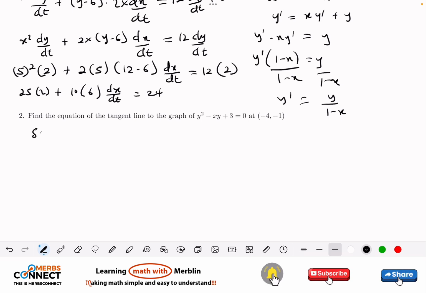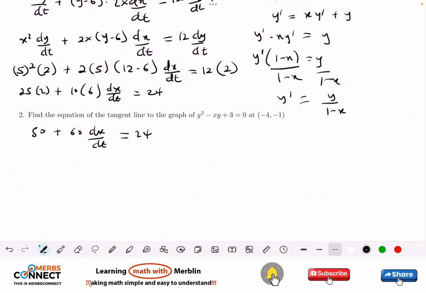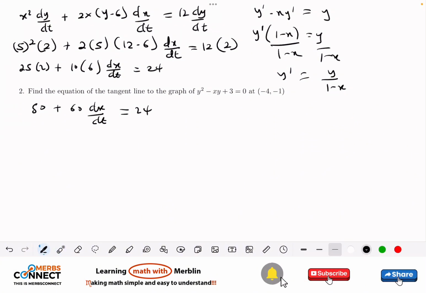So this one will be 50 plus 60 dx over dt, which is equal to 24. I will subtract 50 here, subtract 50 here. In other words, I will move the 50 to the right side. So I'm going to have 60 dx over dt, which is equal to 24 minus 50.